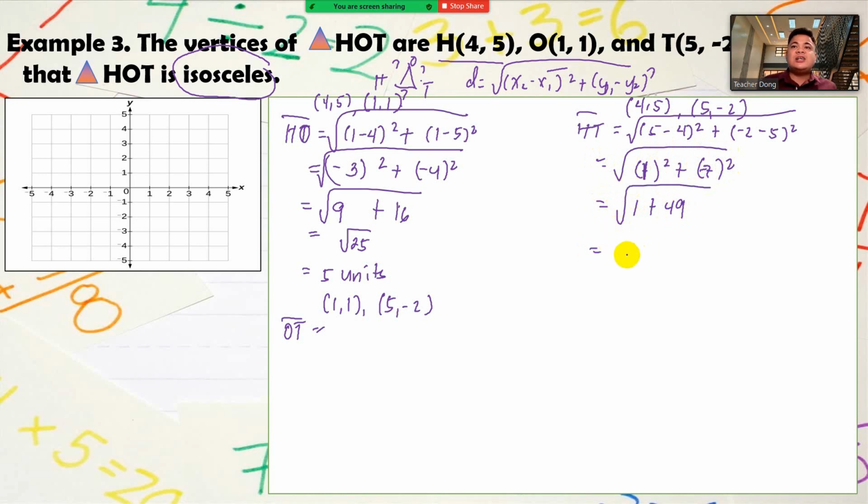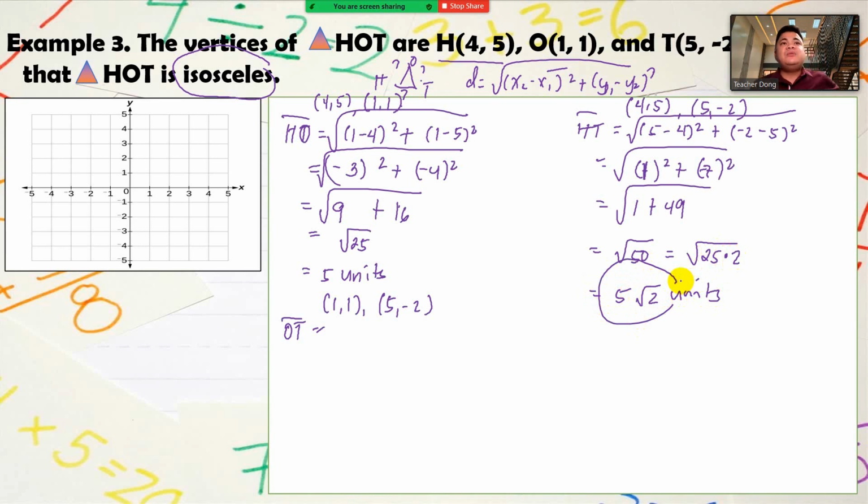So 1 plus 49 is the square root of 50. This is not a perfect square, so we can factor: we have 25 and 2. The square root of 25 is 5, and copy 2 inside the radical symbol. So the answer is 5 square root of 2 units.